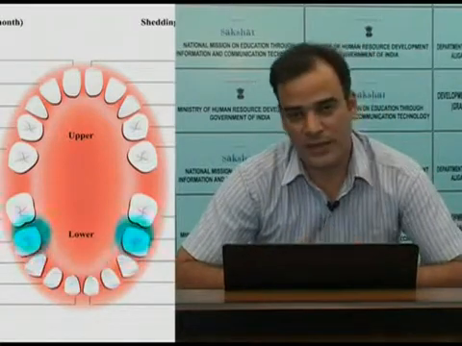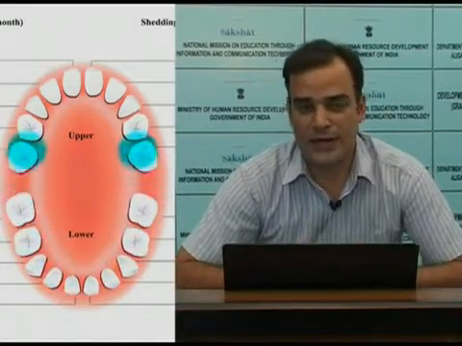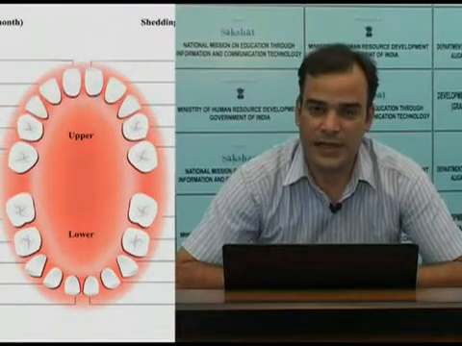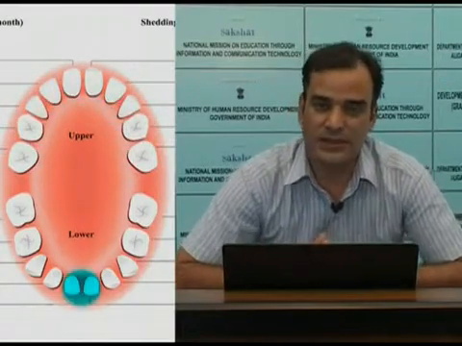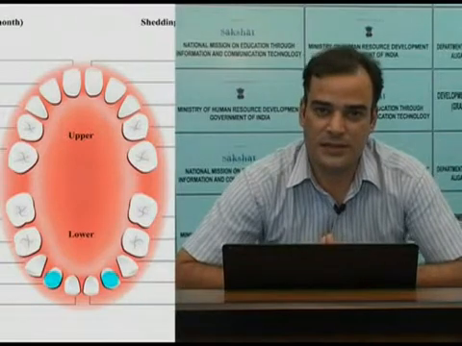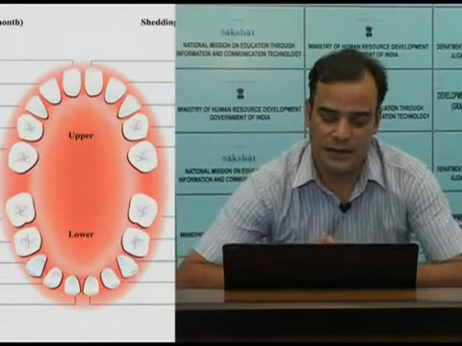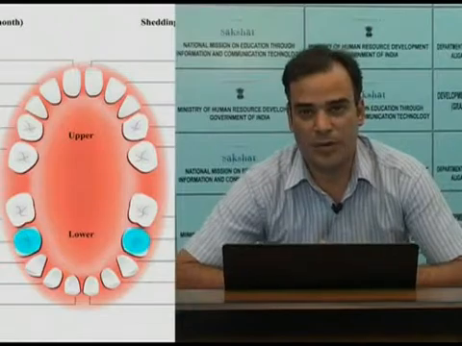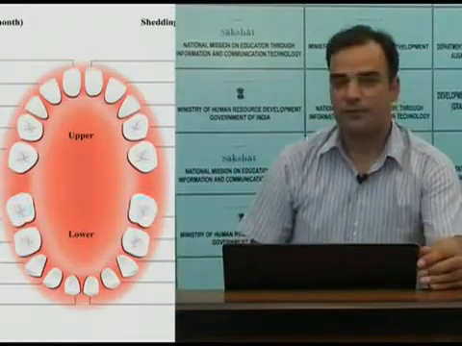These milk teeth are 20 in number. These are the central incisors, the lateral incisors, then the canines, and the first and second molars.